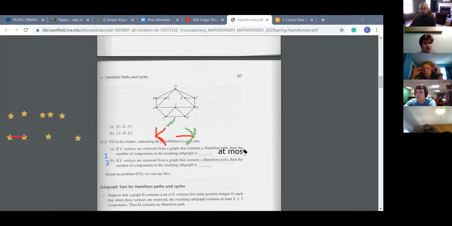So in this case, if you have a Hamilton path and you delete k vertices, you're never going to get more than k plus 1 components. And what about if you have a cycle? Just k, right? You're going to get k.